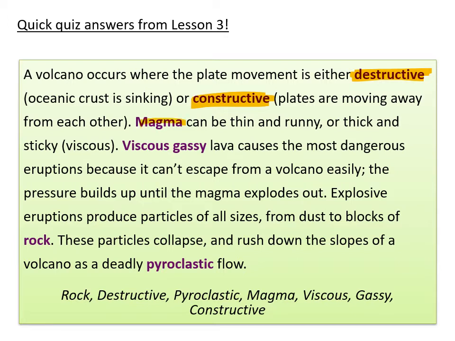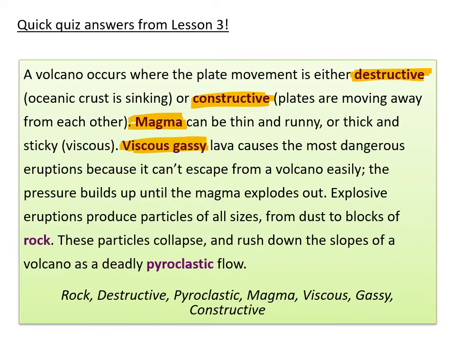Magma, remember, that's lava which is inside the earth, can be thin or runny, or thick and sticky, viscous. And this viscous gassy lava, which is what we have inside our composite volcanoes, causes the most dangerous eruptions because it can't escape from the volcano easily. The pressure builds up until the magma explodes out.